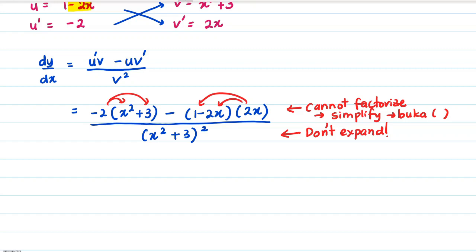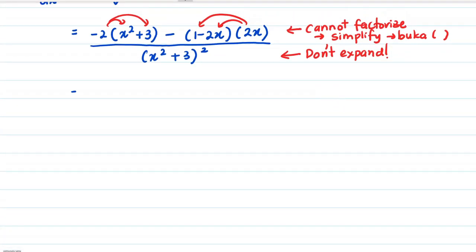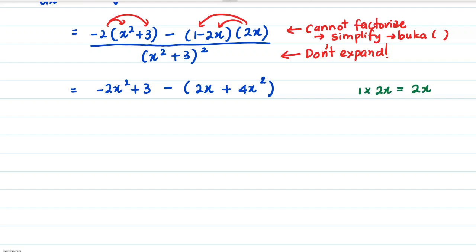Okay, so the answer will be, your numerator is negative 2 times (x squared plus 3) and then minus 1 times 2x is 2x, minus 2x times 2x is plus 4x squared. Kalau ada lagi yang masih tak boleh nak darab-darab terus kat situ, pastikan awak tulis 1 darab 2x, kita dapat 2x.